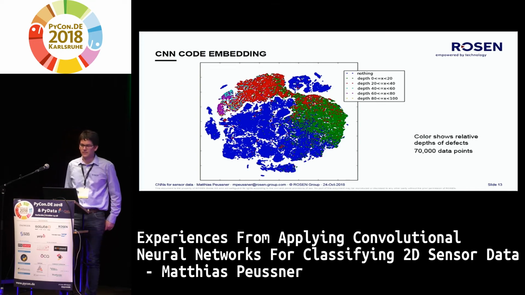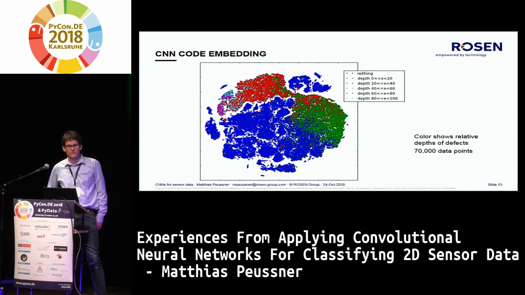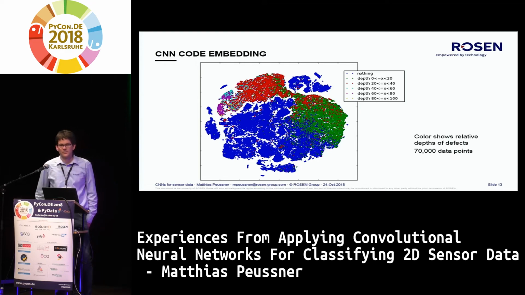Any other questions? So thanks for the talk. You mentioned that you had data from 50 different pipelines. What I'm wondering is, there are many different types of pipelines, different welding types, different diameters.